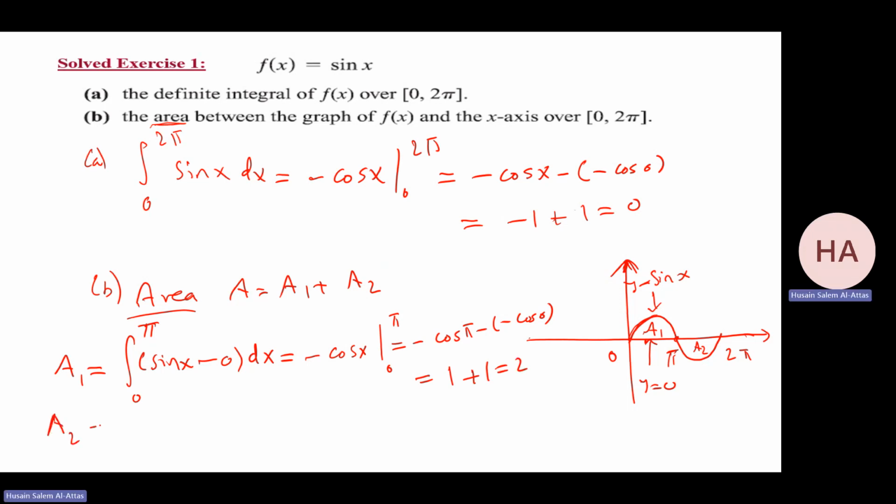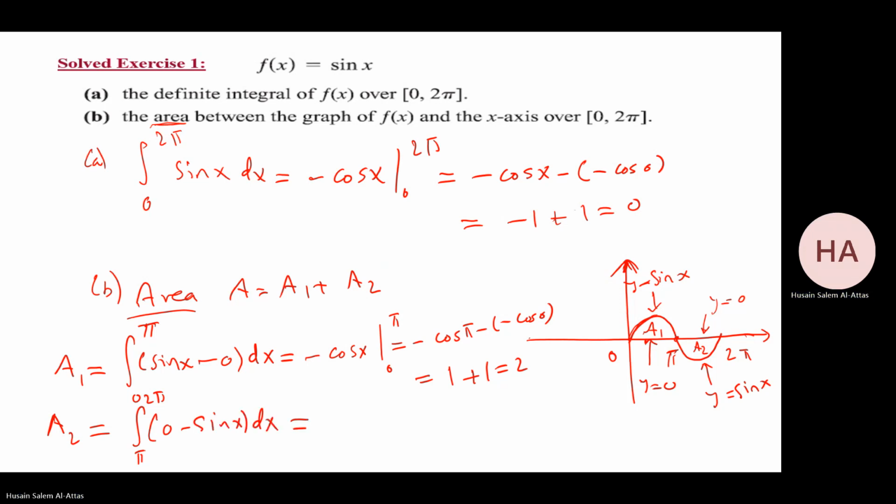A2. Now it will be from where to where? From pi to 2 pi. Be careful now about the function. Now the upper is y equals 0, and the lower is y equals sine x. So I have 0 minus sine x dx.